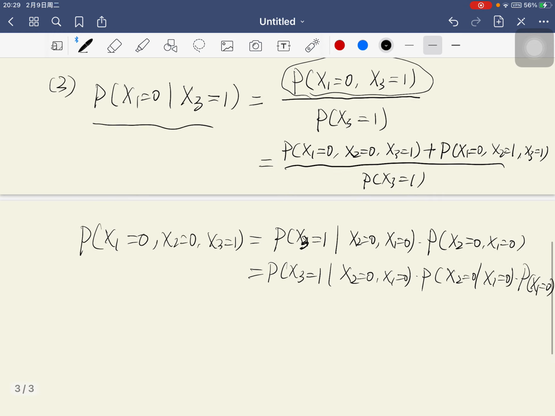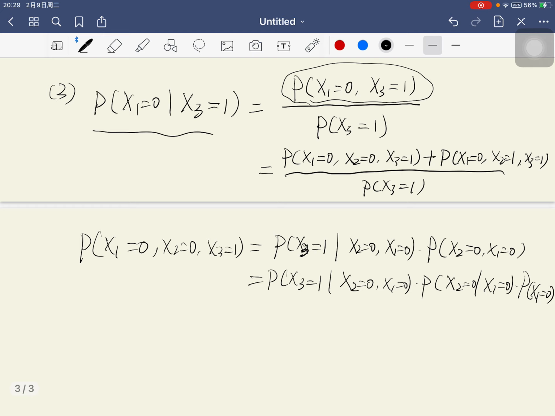So we can multiply the three probabilities together.